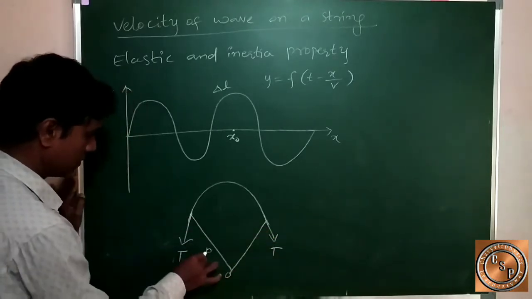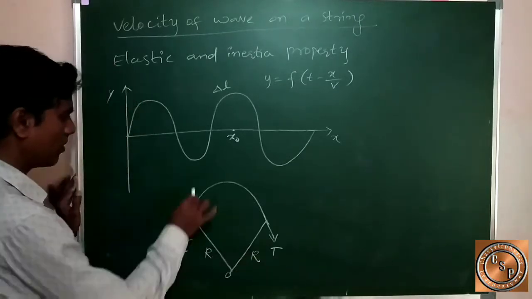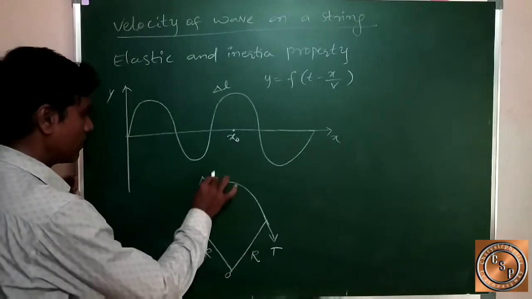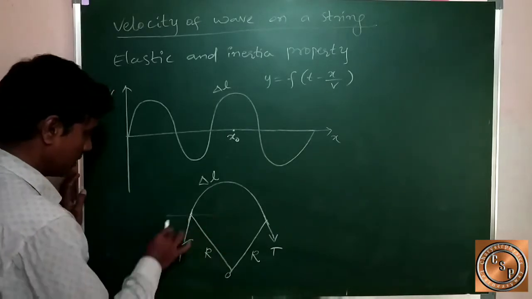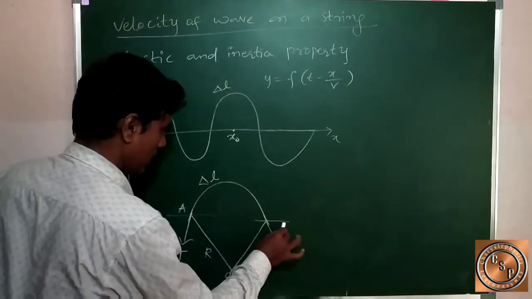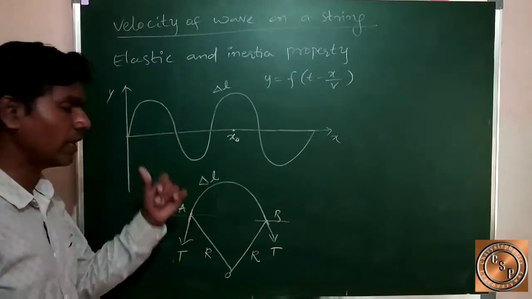Here O is the center, radius capital R. The length of the element is considered delta L. Here AB is the length of the element.